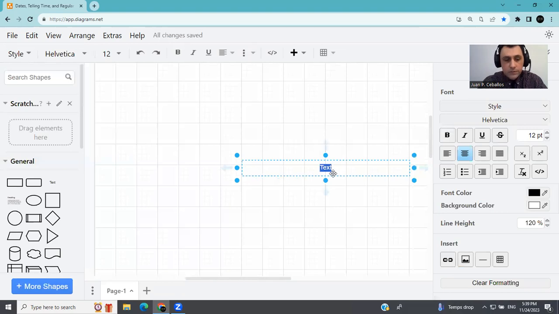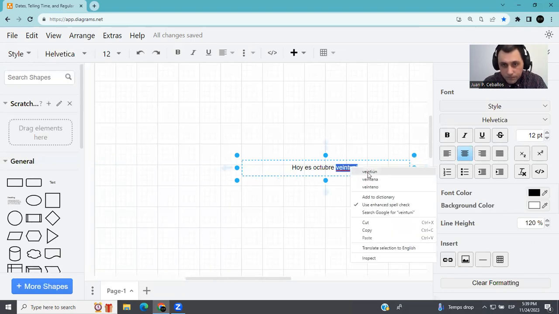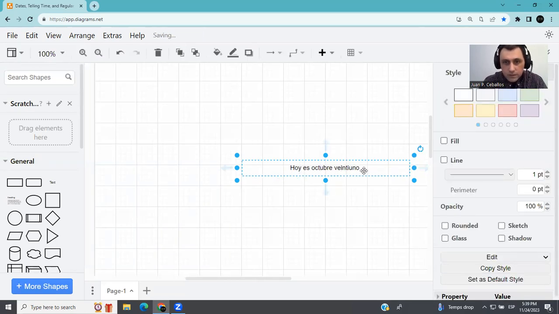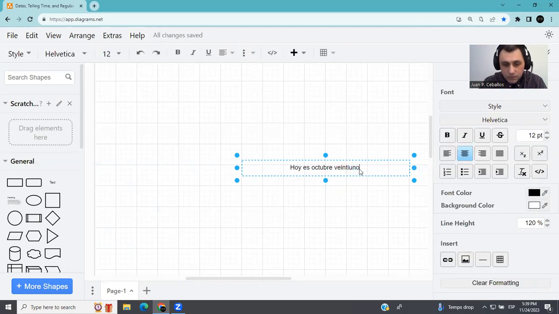Hoy es octubre, let's say October 21st, that would be octubre 21. Well, today is October 21st del 2020.